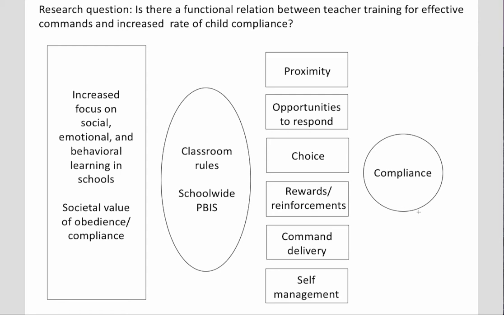So increasing compliance. So based on the article matrix that this person created, these are the independent variables that have been associated with compliance. So researchers have looked at these independent variables or these interventions as a way to increase compliance.